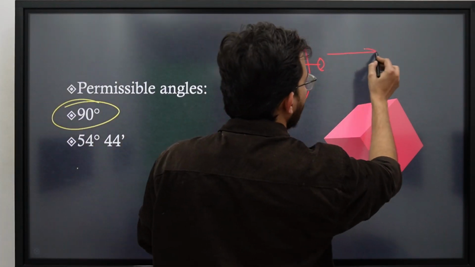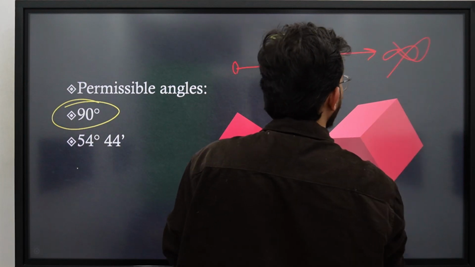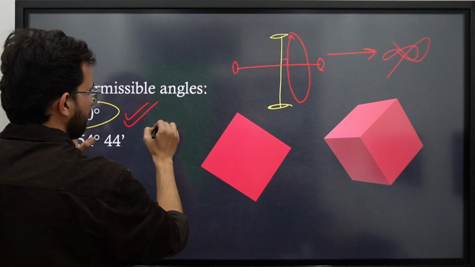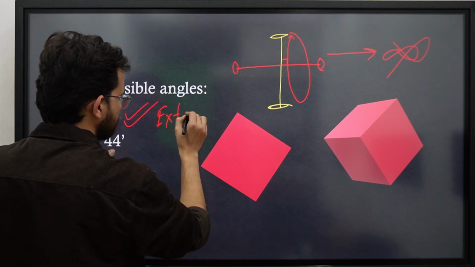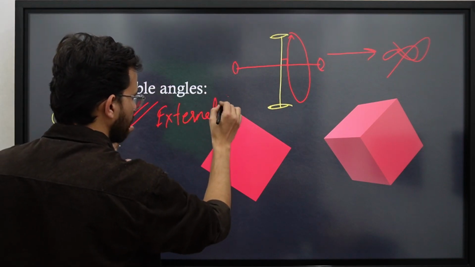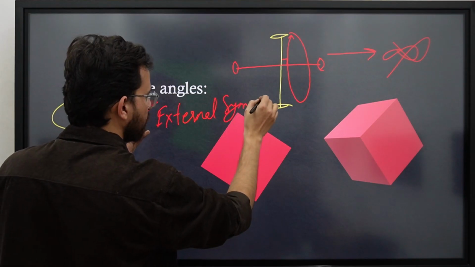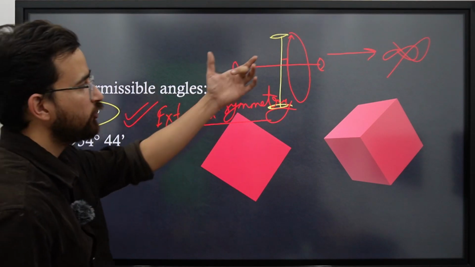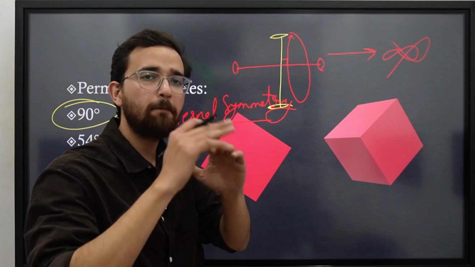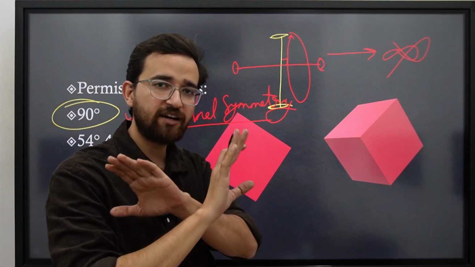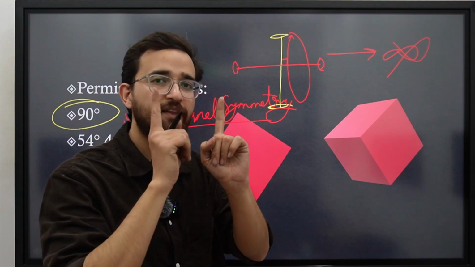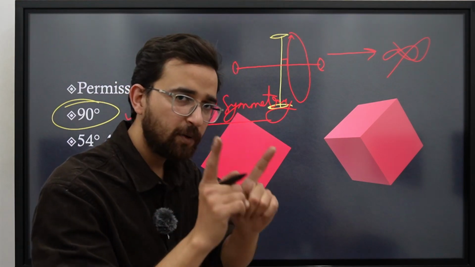There is nothing that goes till infinity. So this is permissible. This is allowed for external symmetry. For external symmetry, you can combine rotations perpendicular to each other. You can combine mirror planes perpendicular to each other. That is perfectly fine. You cannot combine them in parallel, but you can combine them at 90 degrees, or perpendicular to each other.